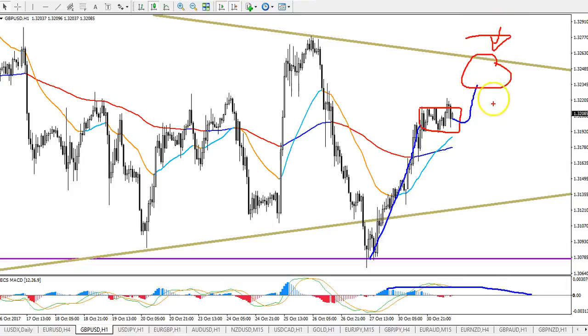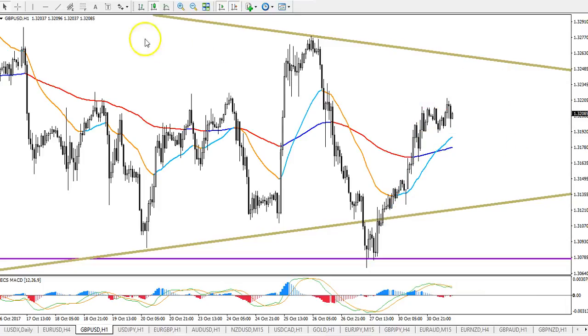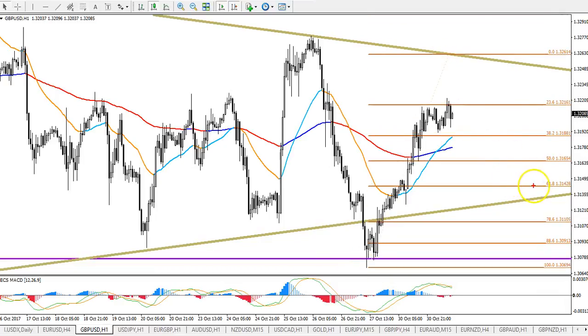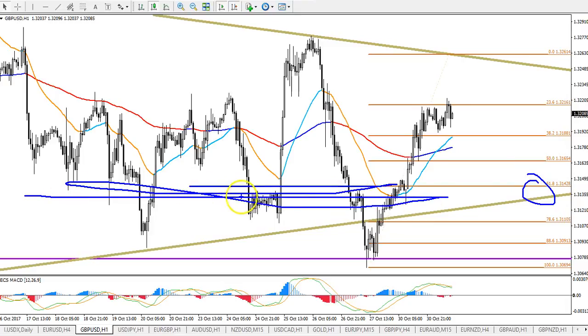There could be a reversal trade if there are bearish candlestick patterns on the 1-hour or 4-hour charts back to retest the 61.8 fib. In that case, I would put a fib from here to here and look for a move back to the 61.8, which is the support trend line as well, and some bottoms on the left.